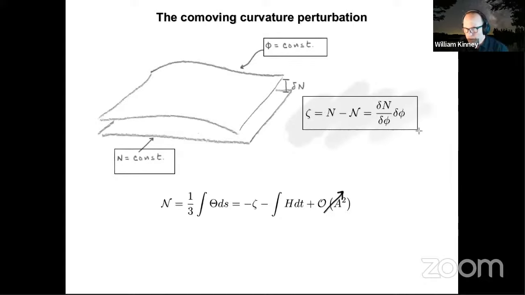And the curvature perturbation, this zeta, because remember this was a surface term in the integral for the number of e-folds on co-moving hypersurfaces, is just given by the difference in the number of e-folds between the flat hypersurface and the co-moving hypersurface. And then I can write this in terms of the field as the derivative of the number of e-folds with respect to the field times the size of the field fluctuations.